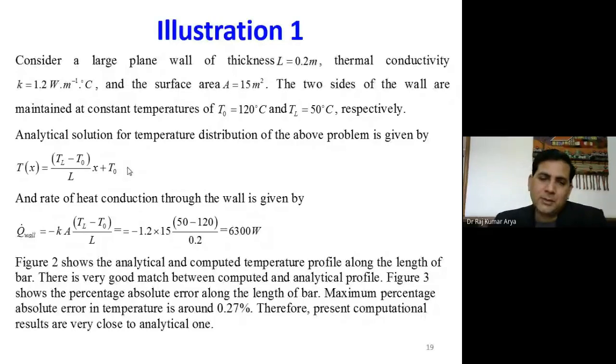Your temperature boundary conditions are T0 120, TL 50, the total length L is 0.2, the area of heat transfer is given, K is given. So think about how you can write a program for that.